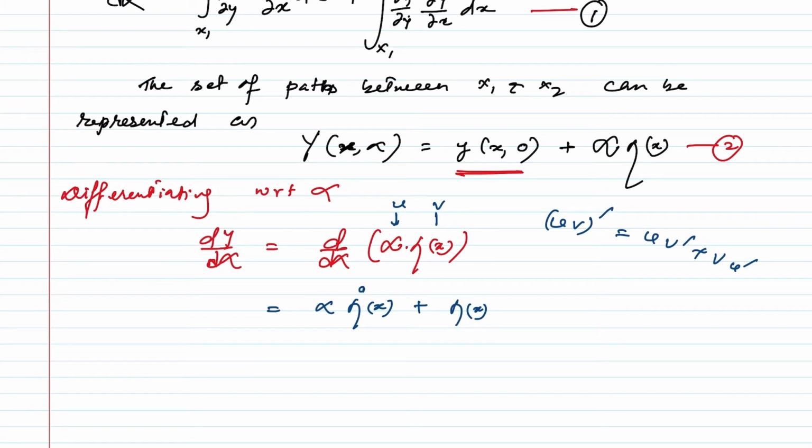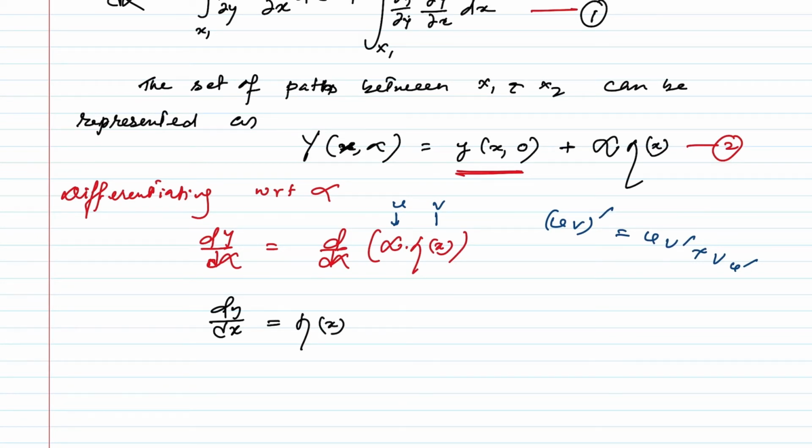Now the derivative of alpha with respect to alpha is going to be equal to 1, so simply we can write eta of x. Now remember one thing, eta is a function of x, so the derivative of this function with respect to alpha will be equal to 0. So we have only, let me write this way, dy by d alpha is equal to eta of x. We have got this after differentiation.